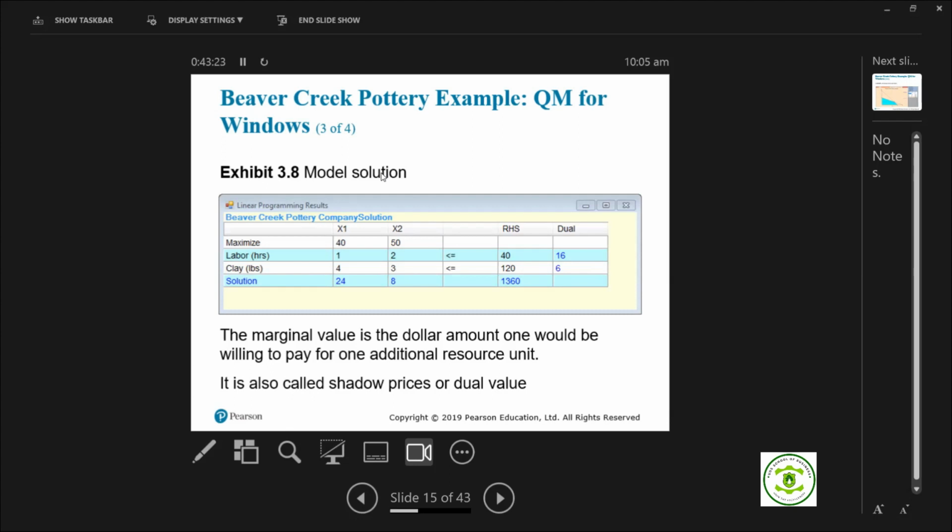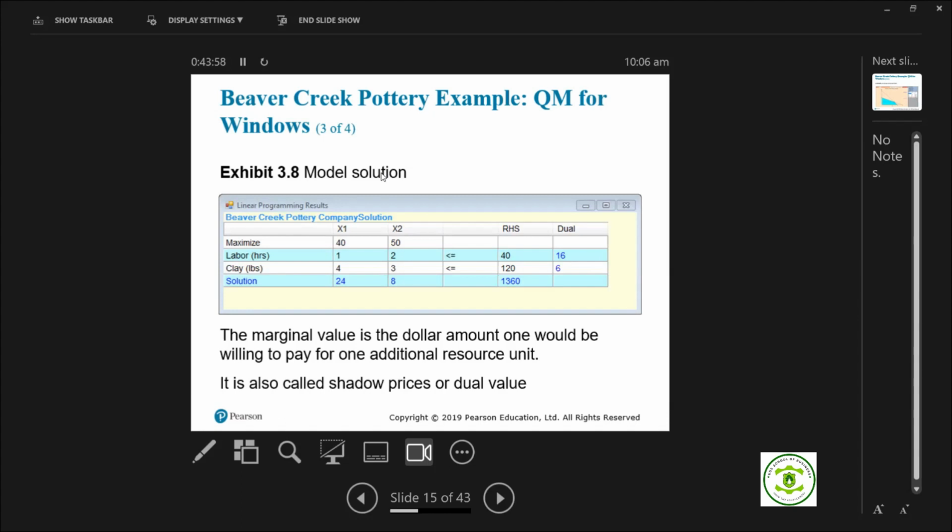So here, if we add an additional labor, it will increase profit by $16. If you come to clay, the marginal value or the dual value is 6, which means that when we add 1 pound of clay, it is going to increase profit by what? $6.